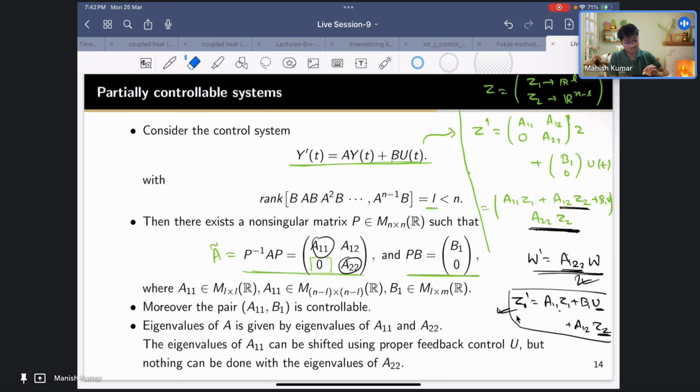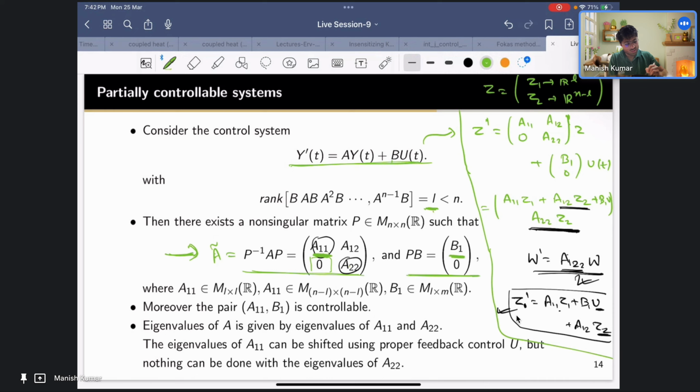So if the second component is stable, then the whole system would be stable. When I write this theorem, I should mention this as well: when you decompose this kind of system in this form, then this pair A11, B1 is controllable. When the rank is L, you can decompose in this way so that A11, B1 is controllable.